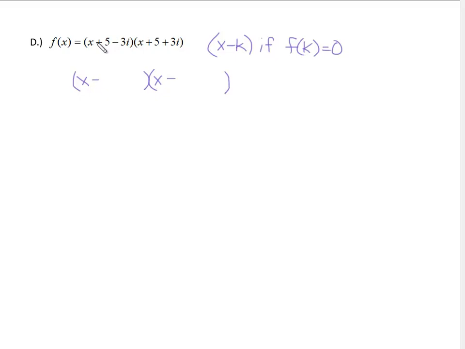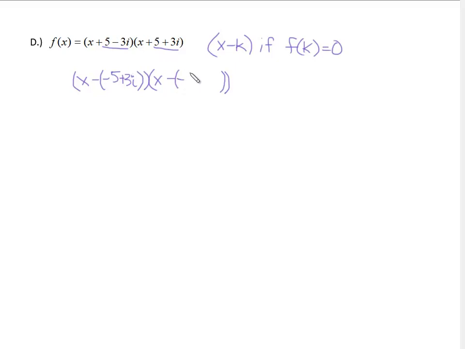So to do that, I want to kind of factor out a -1 from everything that's left. So a -1 from both of these terms. And if I do that, dividing both by -1, I get -5. And -1 divided by -3i is +3i. Okay, we're going to do the same thing over here. We're going to factor out a -1 from these two.